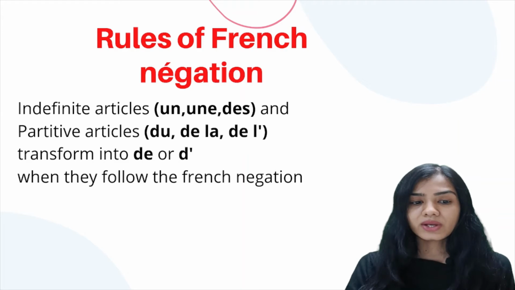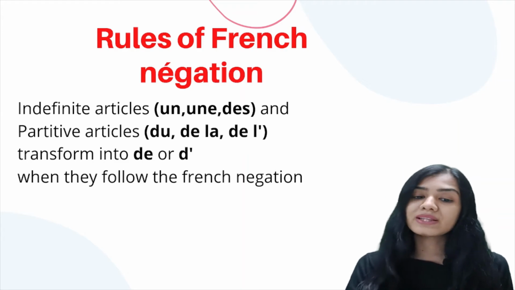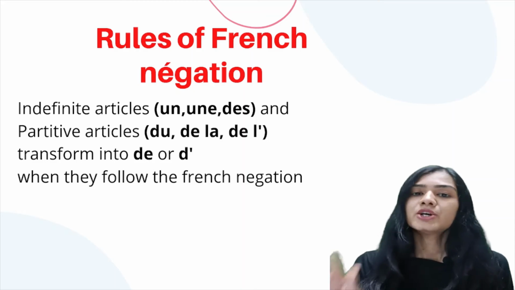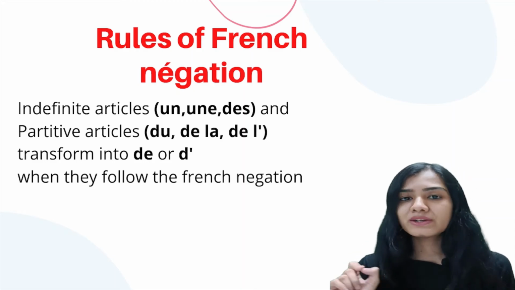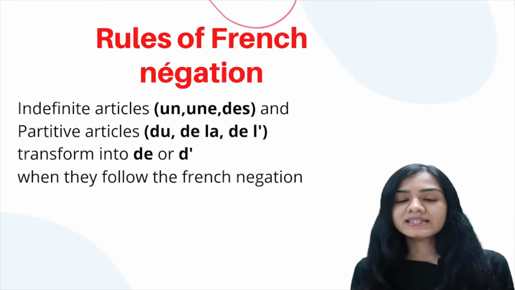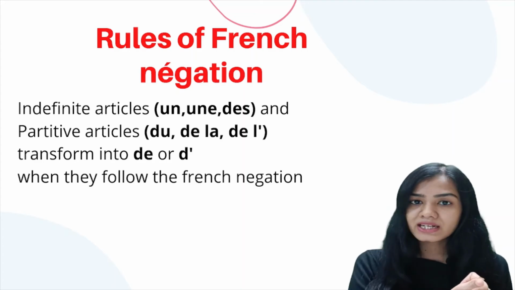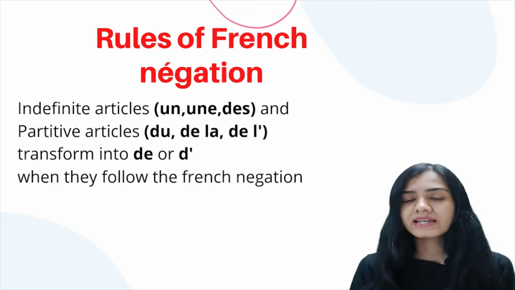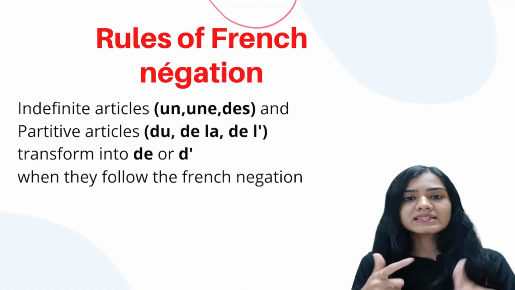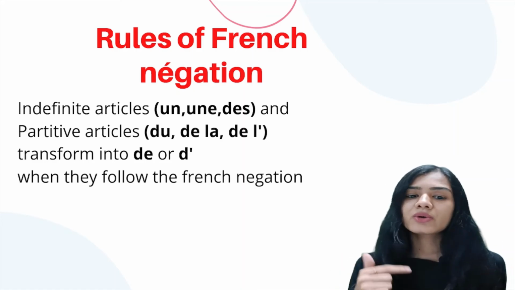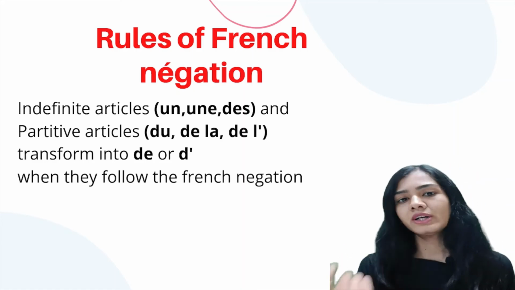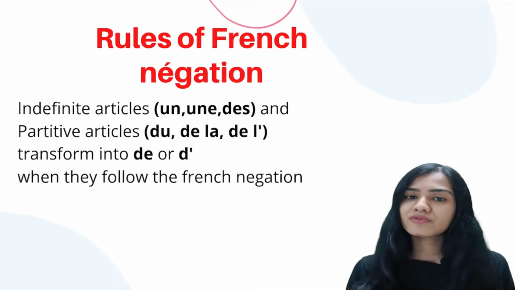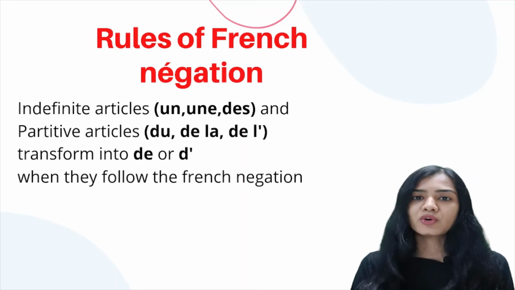These are going to transform into de or d apostrophe when they follow the French negation. So if in the affirmative sentence we have indefinite or partitive articles, then when we convert the sentence into negative, they change to either de or d apostrophe, d apostrophe in case it is followed by a vowel.